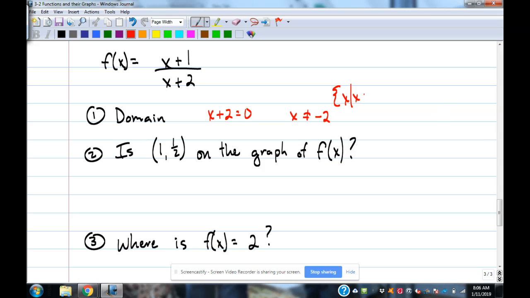So the domain is: x such that x does not equal -2, and then -infinity to -2 union -2 to infinity. Same as Section 1.